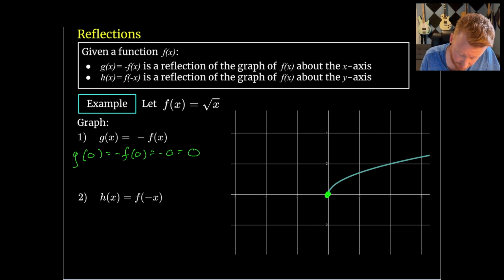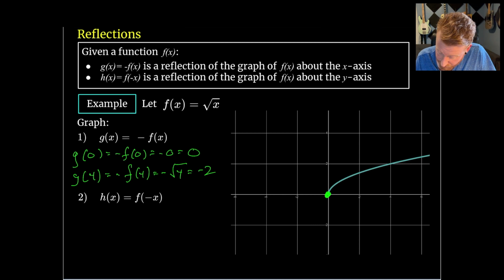But let's take a look at g of 4, which is the same as negative f of 4, which is negative square root of 4, which is -2. So that means that my input is 4, my output is -2. So just kind of like I had said before.